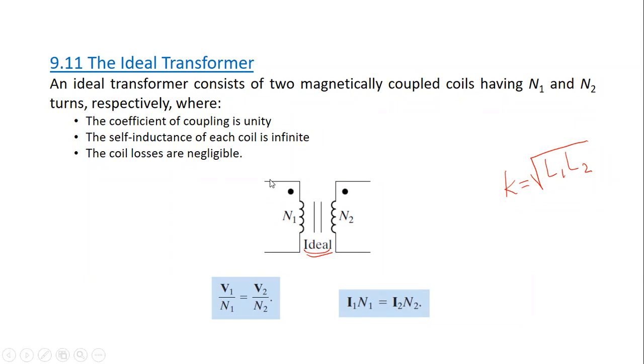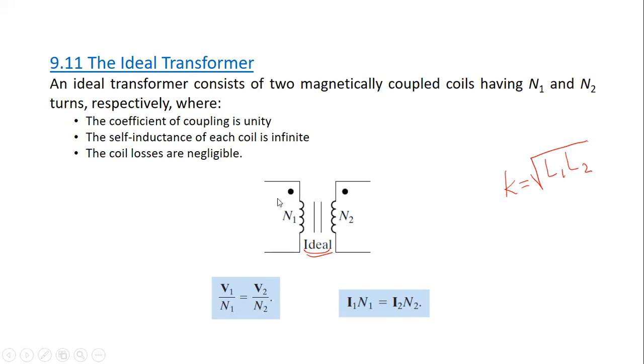And if we ignore all the resistances of the wires, we will say that self-inductance is infinity and the coil losses are negligible. So if we have these three points achieved, and it is impossible to achieve them, but we will consider that they are achieved, then the ratio between the voltages V1 and V2 will be represented by the ratio of the number of turns.